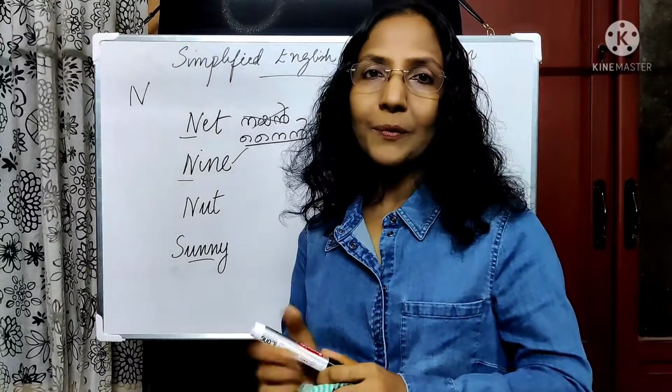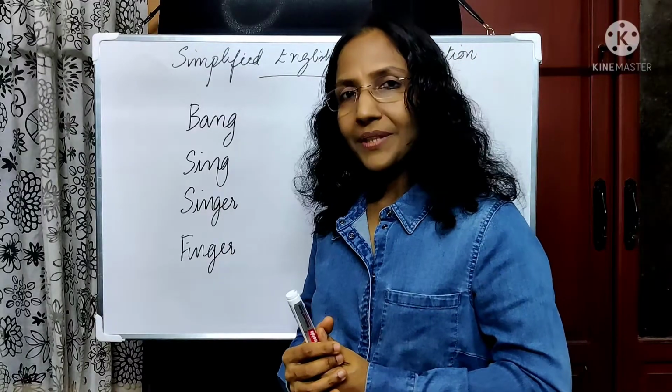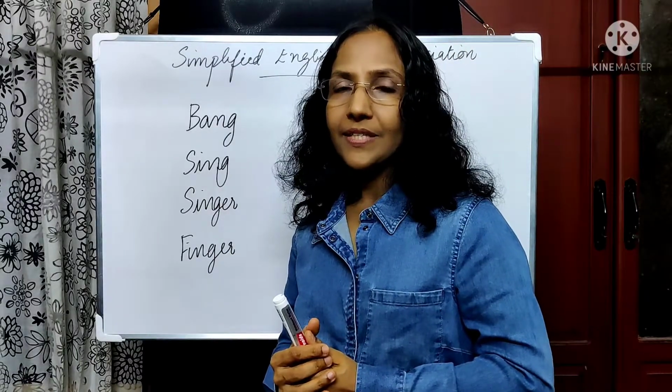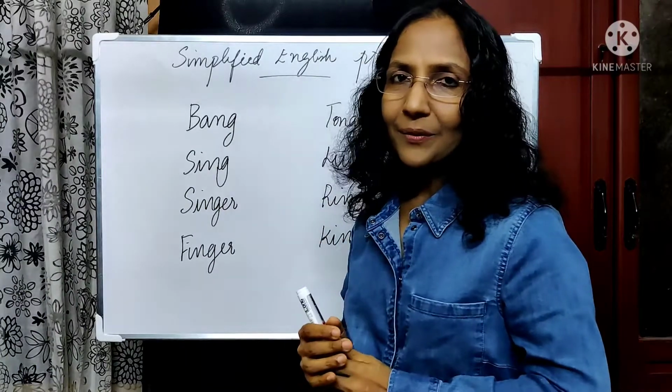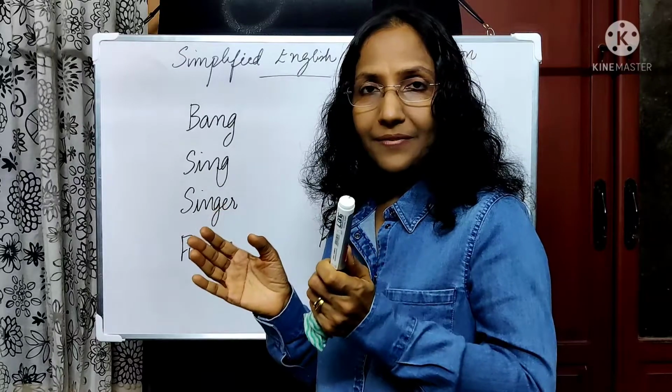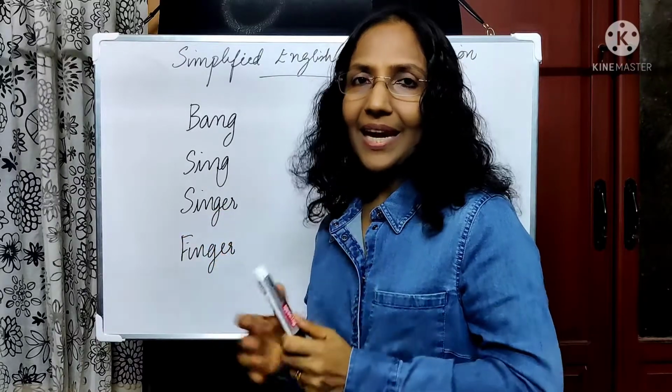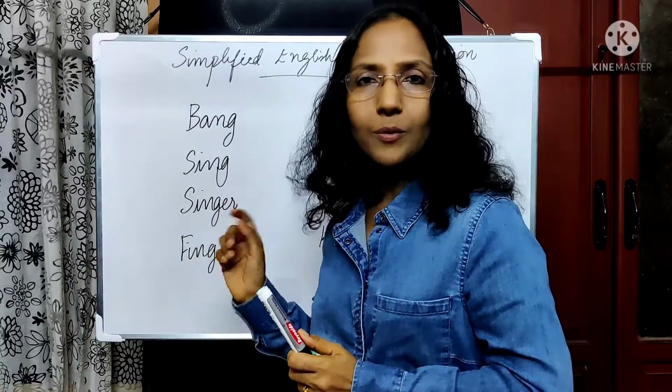Now over to the fourth sound. Now over to the last phoneme, ng, which is actually a voiced velar nasal. Unfortunately, we do not have an exactly perfect or specific alphabet to represent the sound in English.